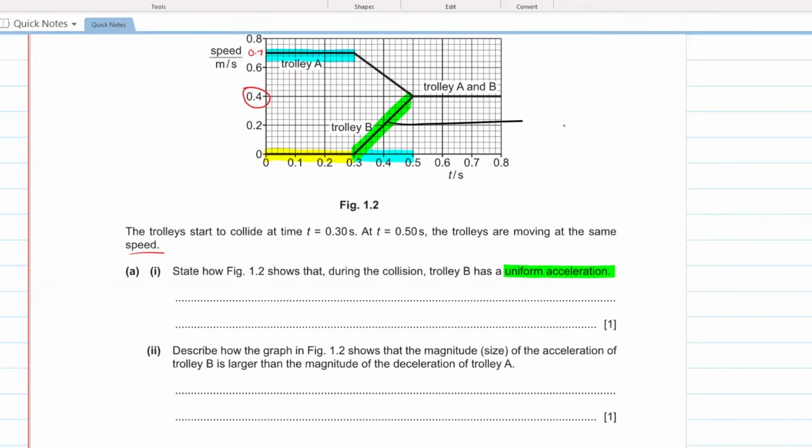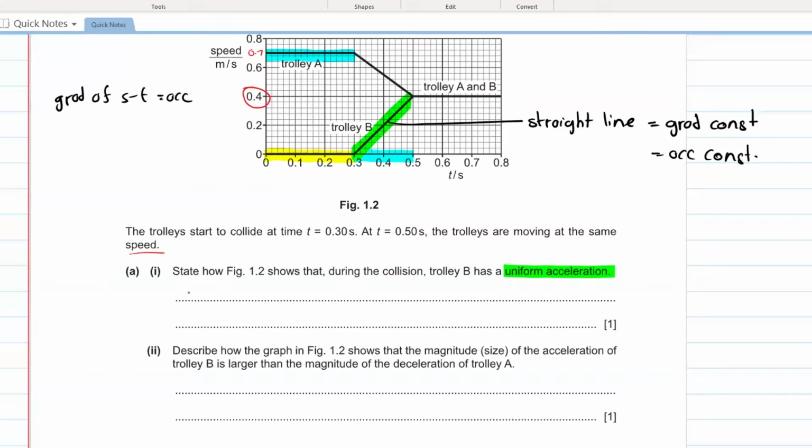The speed time graph of trolley B is a straight line during the collision. If you have a straight line, that means the gradient is constant. And the gradient of a speed time graph is equal to acceleration. That means acceleration is constant.